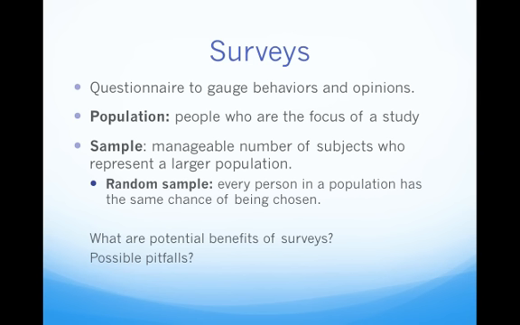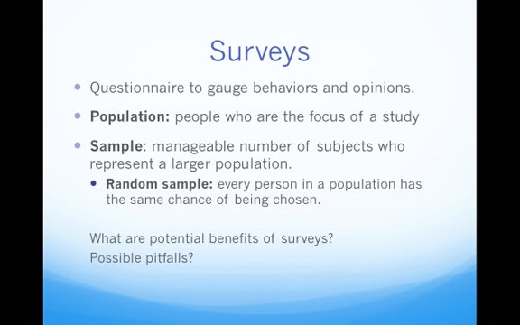So a representative sample of 3,000 people might be 2,000 people, but it's still not very manageable for you. So one of the key things to remember when taking a sample is that you should always work as much as possible for the sample of people to be random, where every person in a population has the same chance of being chosen.